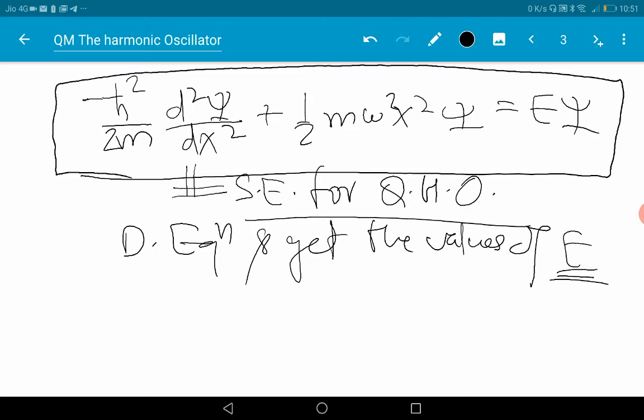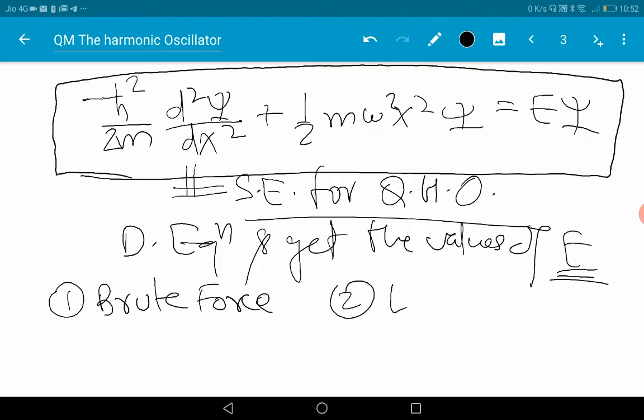So this equation is not quite straightforward, so we have to use different tricks to solve this. Among them I'll be doing the two which are normally used. First is the brute force method, and second is ladder operators.